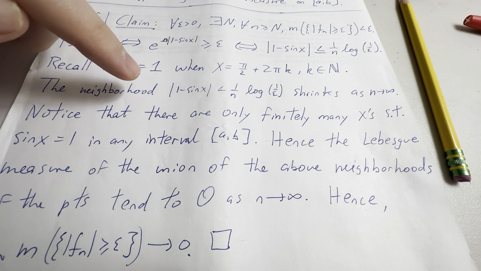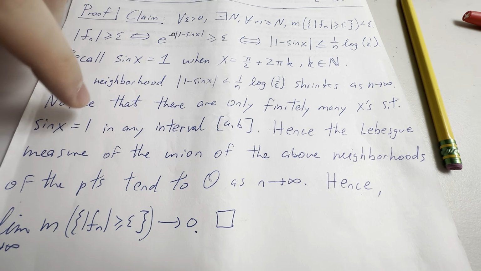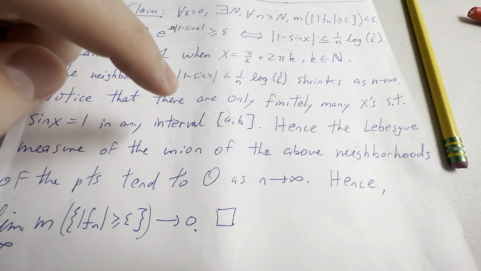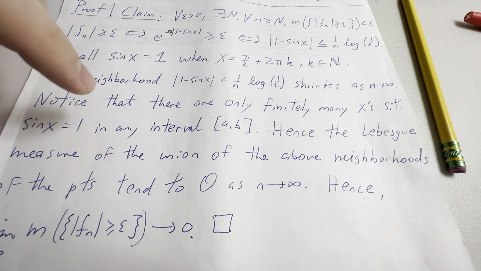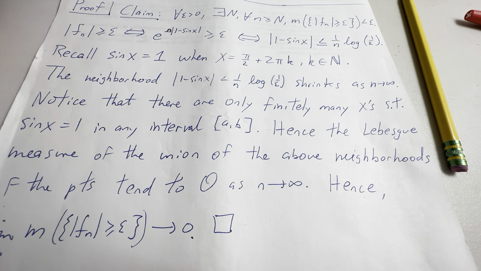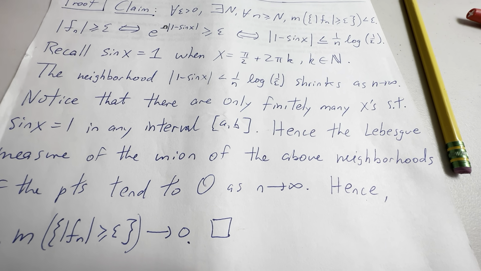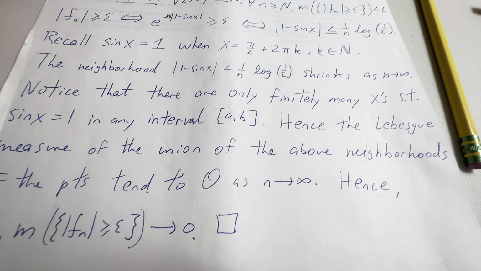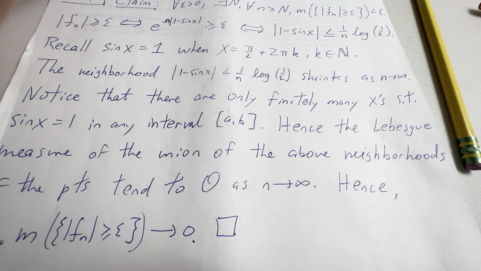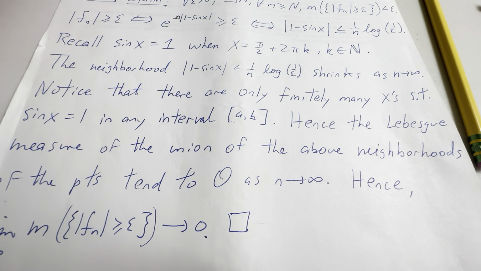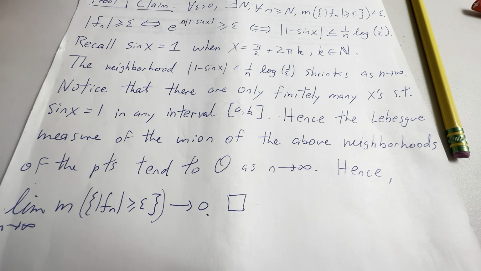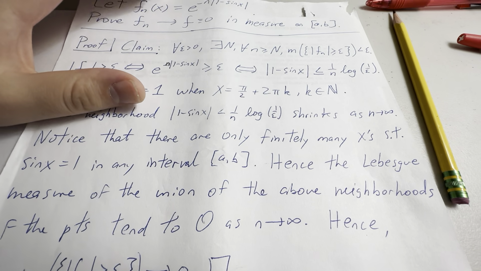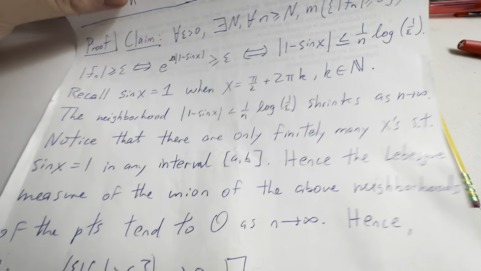And so the Lebesgue measure of the union of the above neighborhoods of the points tends to 0 as n tends toward infinity. That's the biggest observation here. There are only finitely many x's that satisfy that condition. So we do in fact have this limit tending towards 0, and so we have convergence in measure to 0.